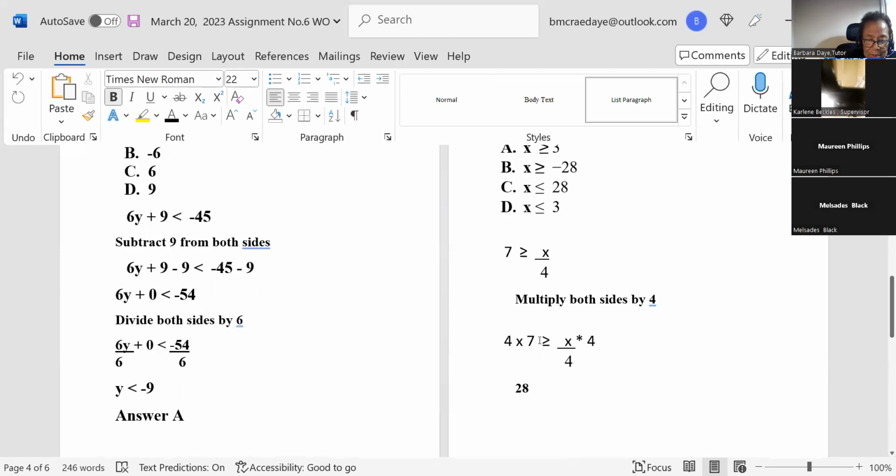Now let's put greater than or equal. That's our inequality symbol. Now, what do we have on the right? X over 4 times 4 gives you what? X times 4 over 4. What's the answer?